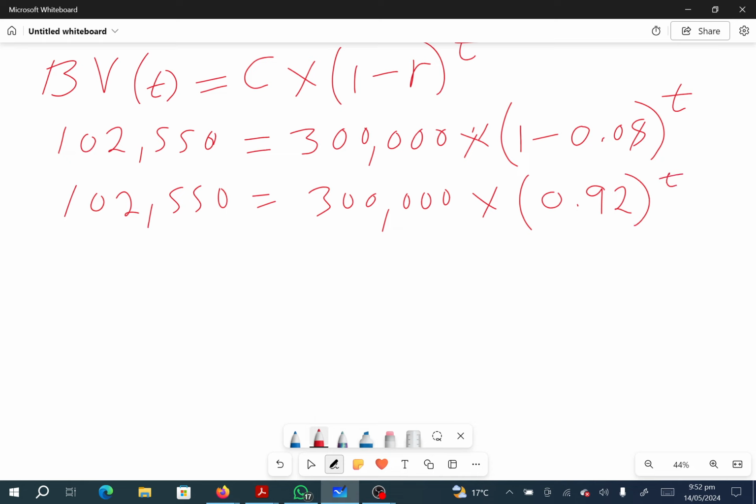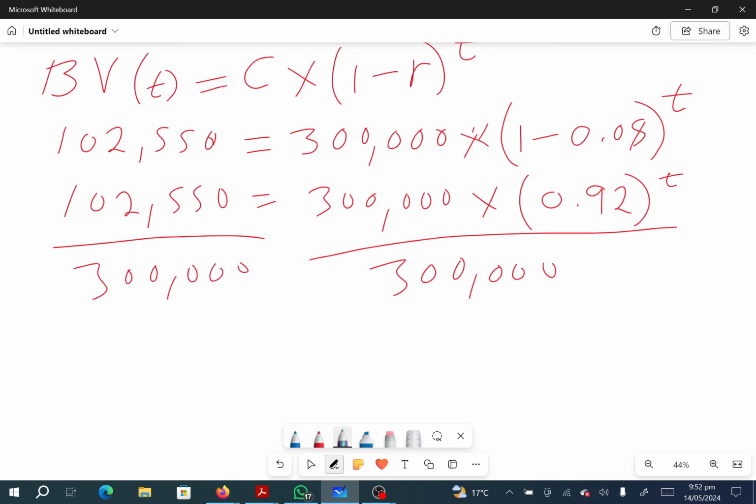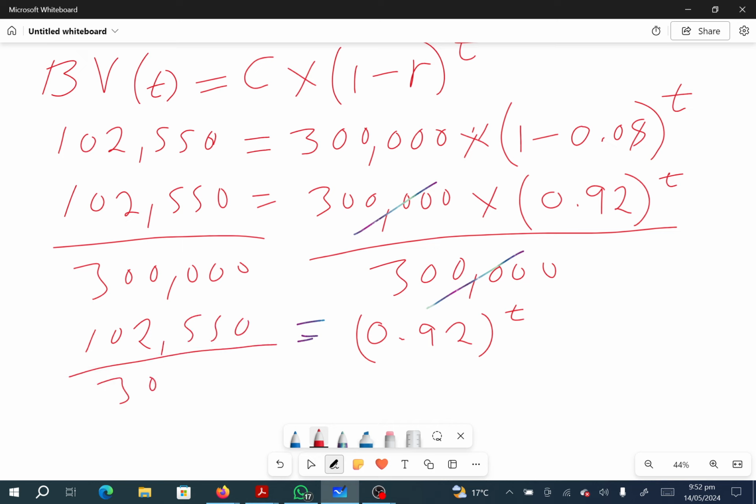Dividing both sides by 300,000, the 300,000s cancel. So we will now have 0.92 to the power t is equal to 102,550 over 300,000.